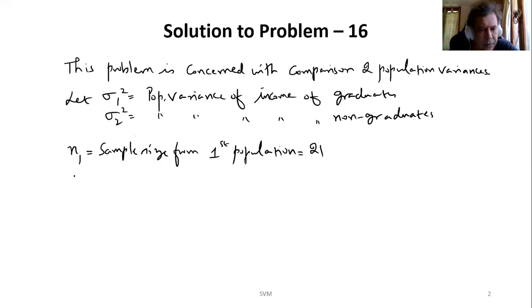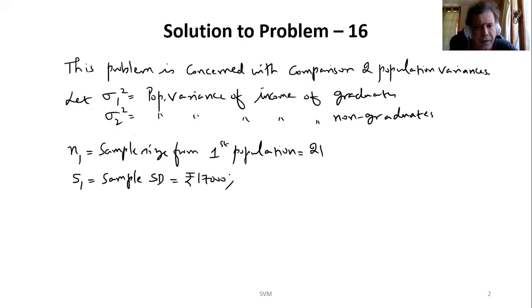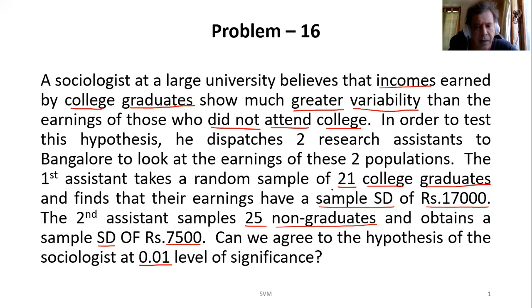Then the second sample size, the sample size of the second population, is 25.